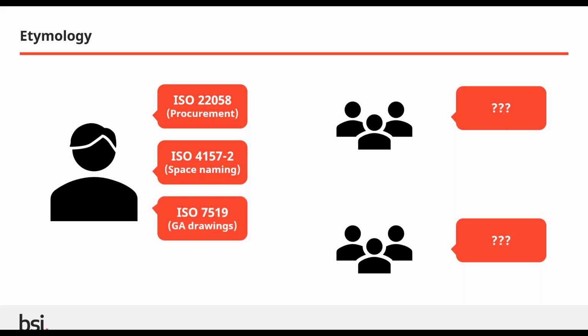More specifically, from an architectural design point of view, there are standards on the sort of level of detail you would see in general arrangement and assembly drawings, something like ISO 7519. People aren't aware of that sort of standard. More broadly, standards on technical documents, again, same problem, you can't seem to have them.